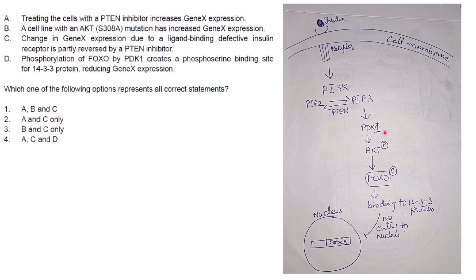So AKT is phosphorylated. AKT phosphorylated means FOXO is phosphorylated. FOXO phosphorylated means it cannot enter into the nucleus and act as a transcription factor. So the transcription of gene X is reduced. That is, gene X expression decreases.